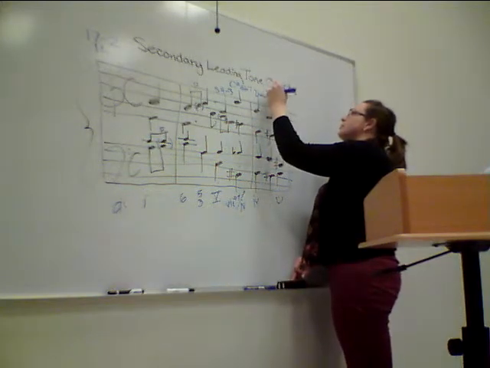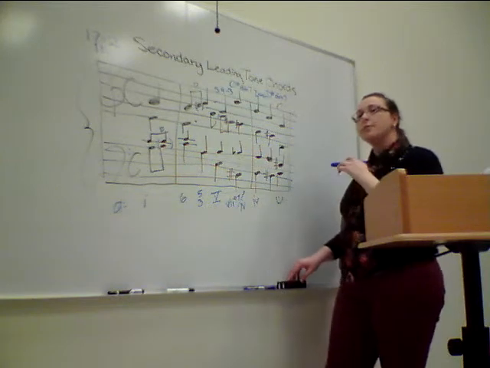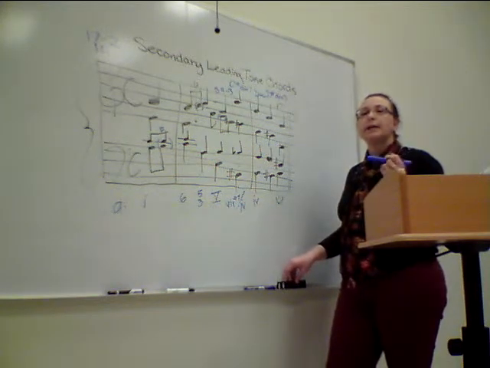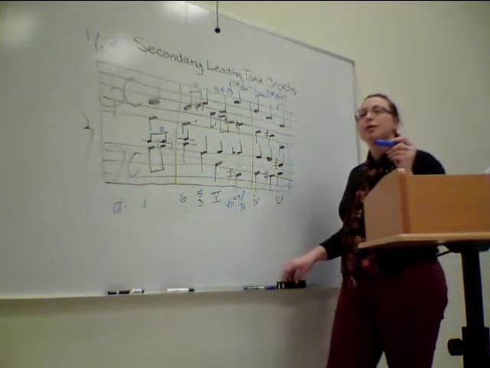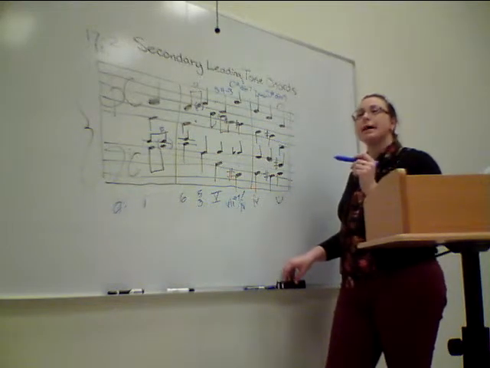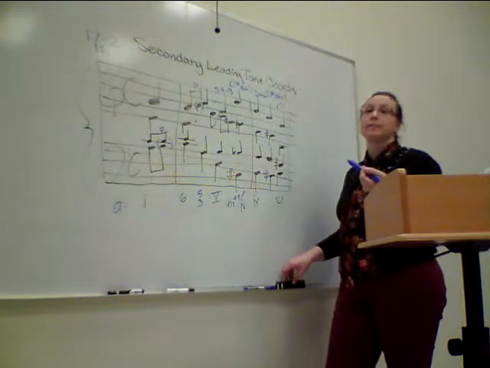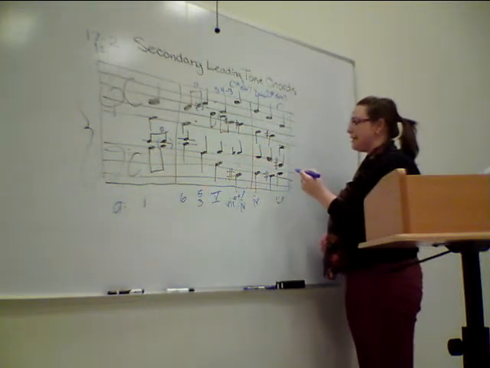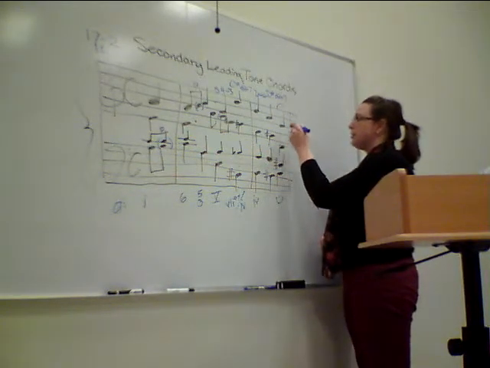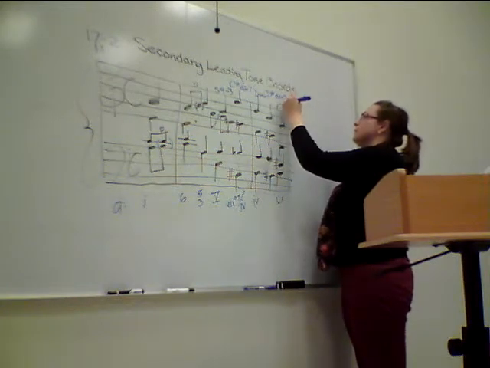D sharp, diminished 7th. So if we weren't looking at the music here, where would we expect it to resolve? D sharp should resolve up a half step to become the leading tone for E. Okay? So it should resolve to an E chord, E, G sharp, B. It's exactly what we get.